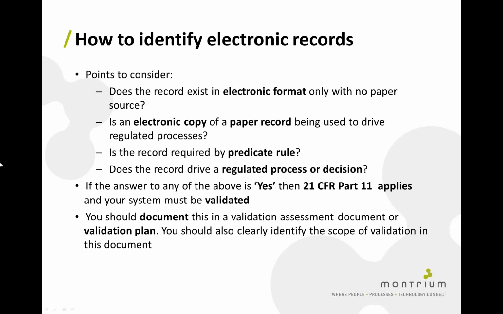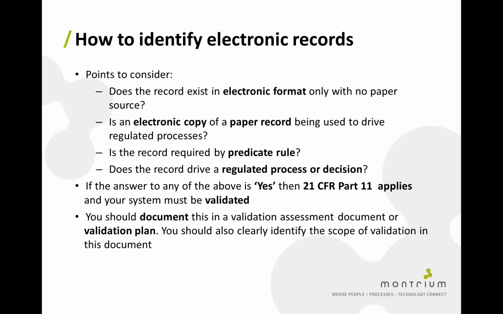So when we're trying to identify electronic records, there are several points to consider or questions that we can ask. The first is, does the record exist in electronic format only with no paper source? Is the record an electronic copy of a paper record that's being used to drive a regulated process? Is this record required by predicate rule? And does this record drive a regulated decision?